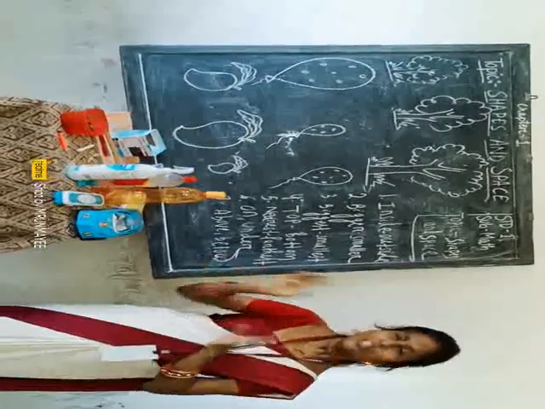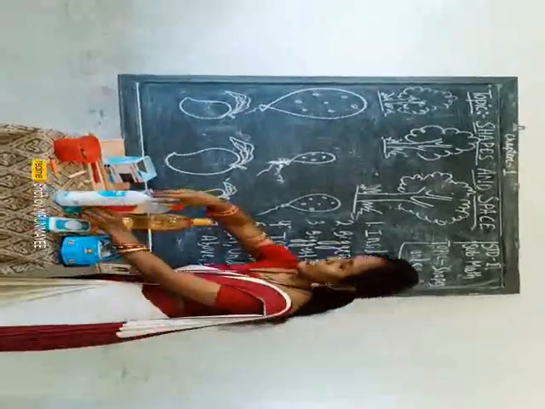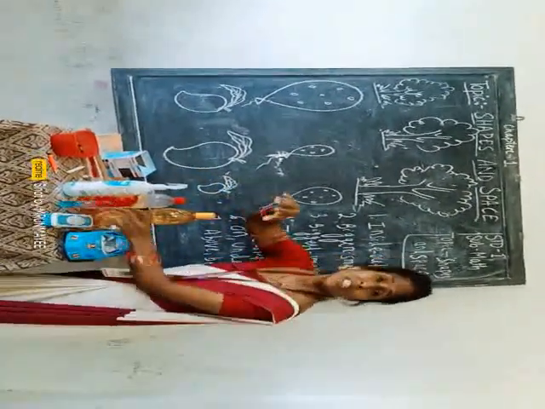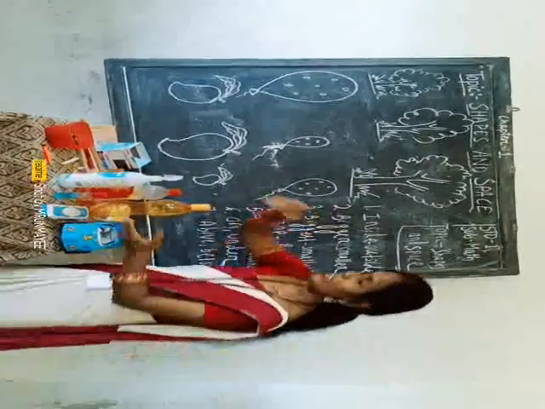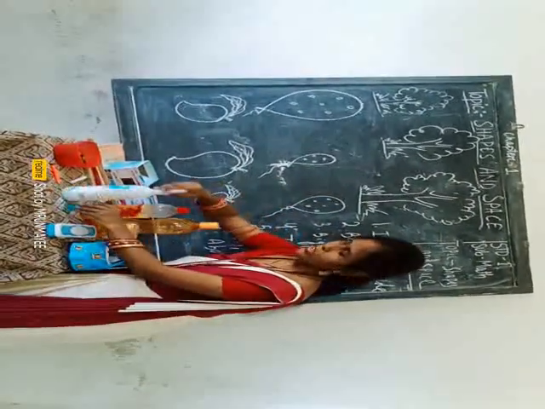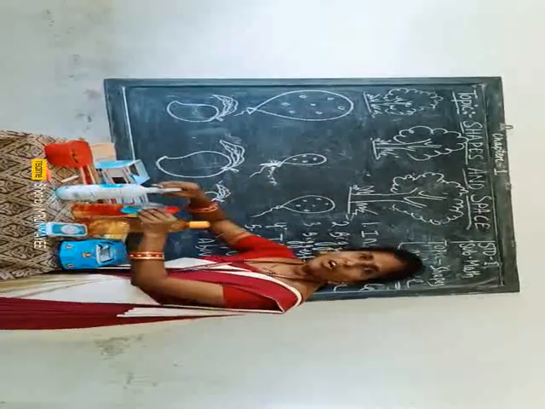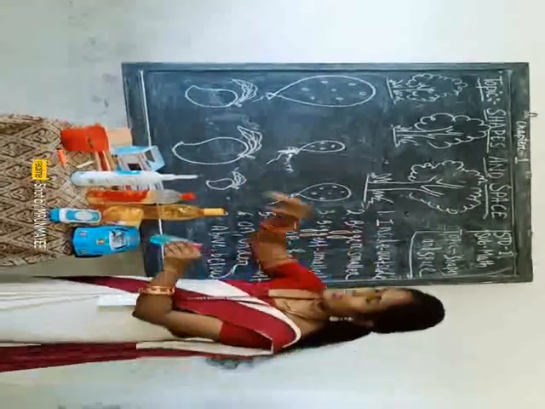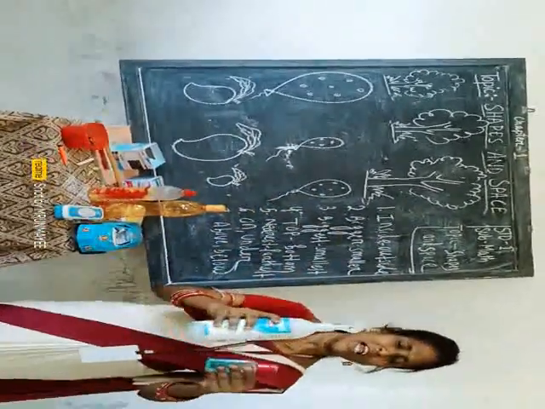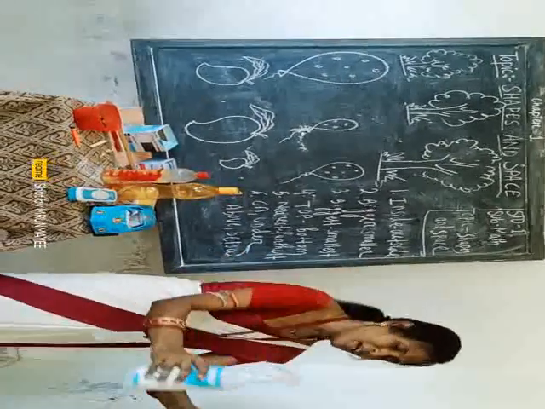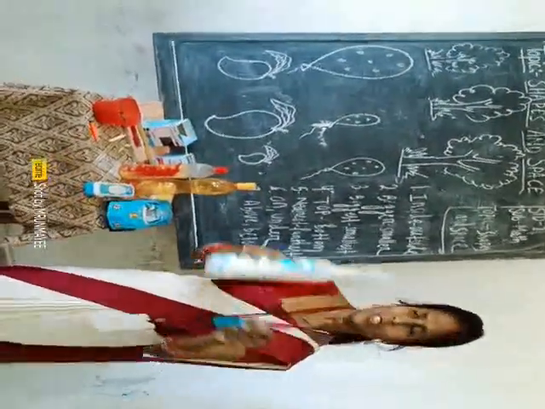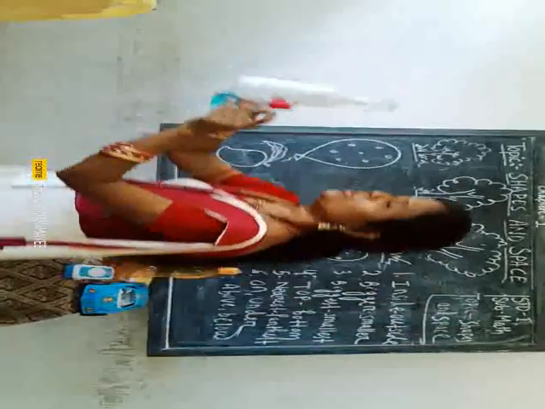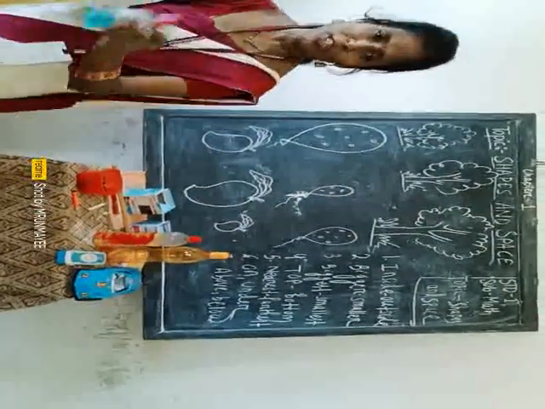Clear? So now you just see. Here I will show you by giving some examples. Here are two bottles I have put. This is your sanitizer bottle, all of you are using it at your home. When we compare these two bottles, can you tell me, students, which one is big in size and which one is small in size?